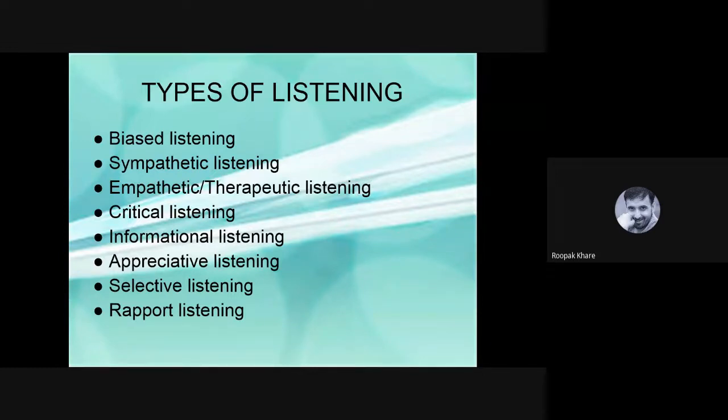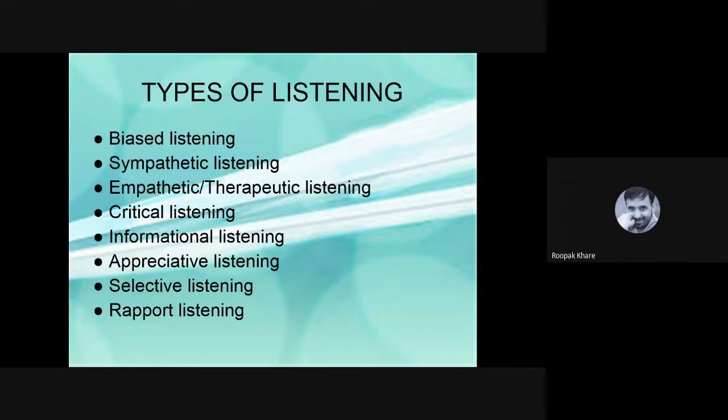Critical listening, when you're criticizing, when you're finding faults, when you're finding problems with something, through listening. So during a viva, when the external listens to what you people answer, he is being critical of your knowledge, right? So he listens critically. Informational listening, somebody who is listening to gain information, gain knowledge, get some facts and statistics, or something that that person does not know, is informational listening.